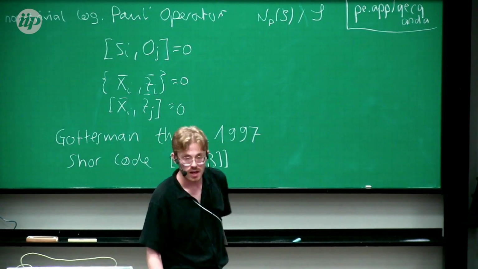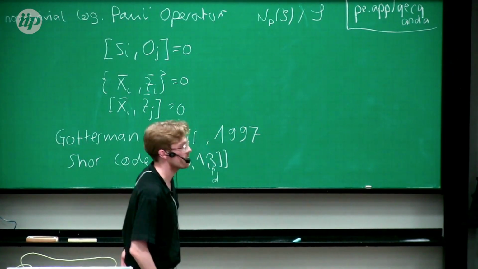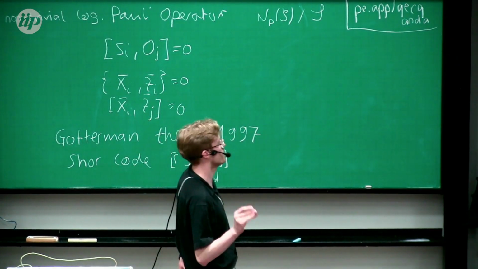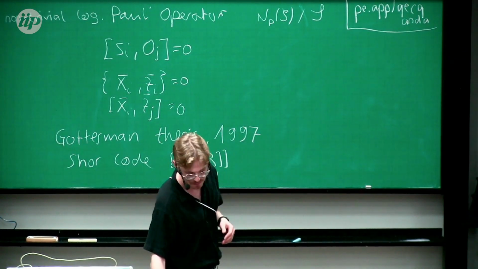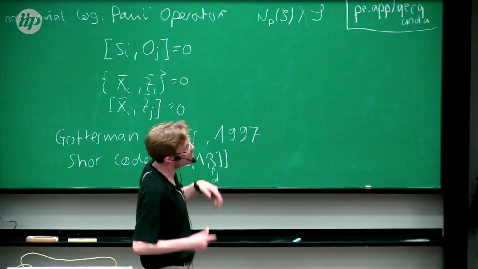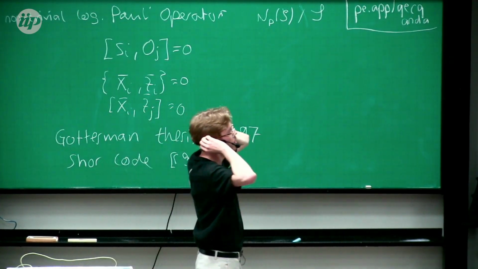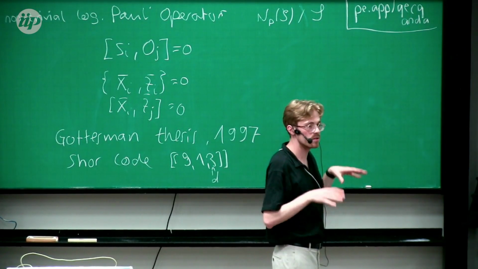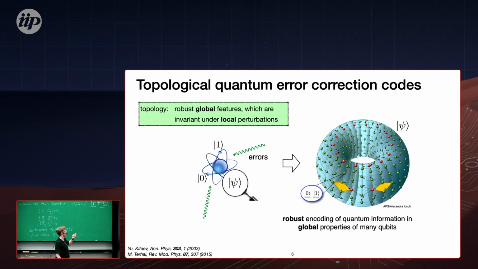Topological codes. So yesterday we saw in the poll that lots of people here are physicists. So topology kind of maybe means something to you. And the idea of topological quantum error correction is that we will use robust global features that are invariant under local perturbations to encode quantum information.